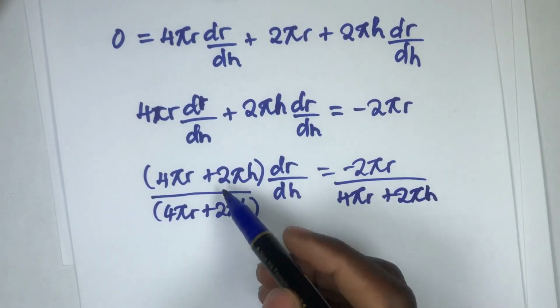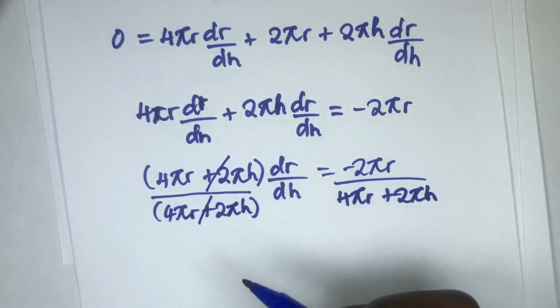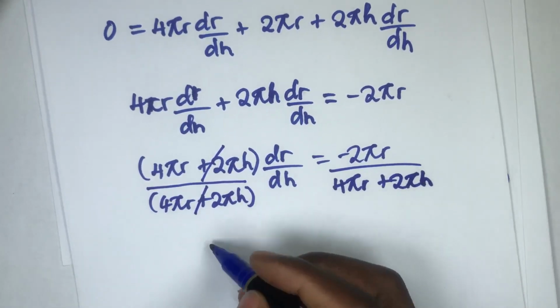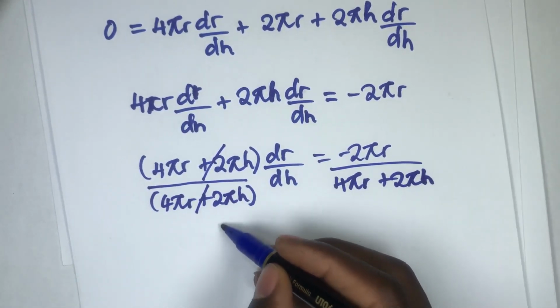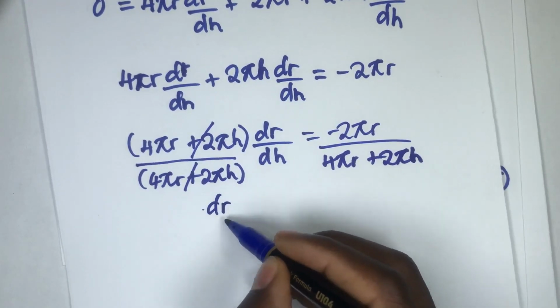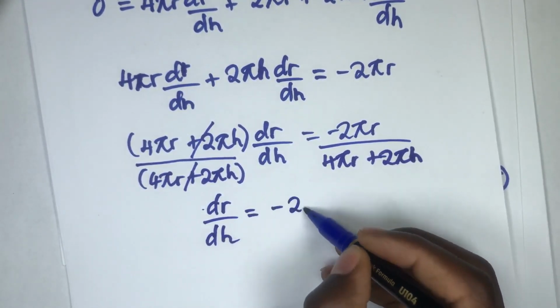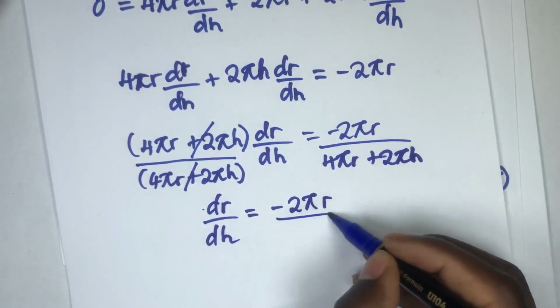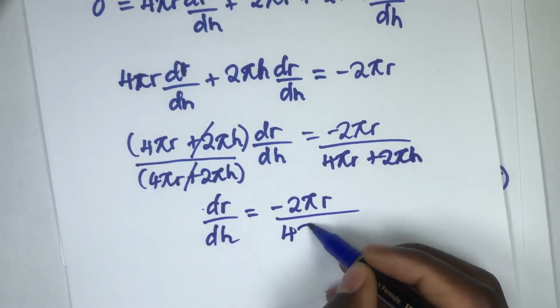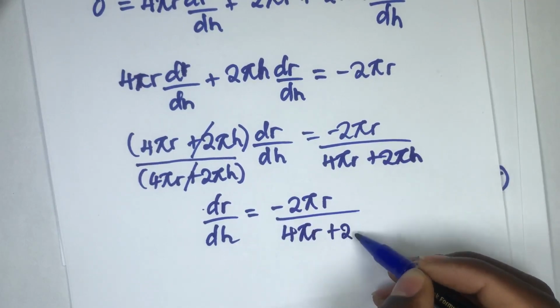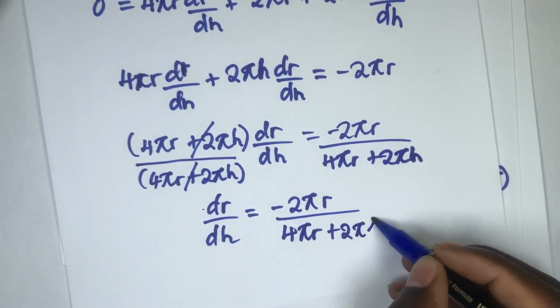Then this side, these will cancel, meaning that we're going to have dr/dh equal to negative 2 pi r over 4 pi r plus 2 pi h.